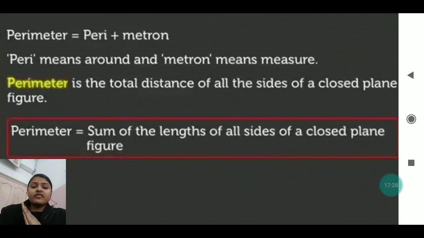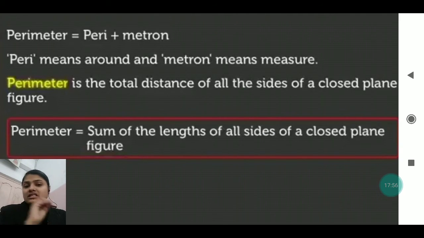Now we have discussed symmetry, we have discussed geometry. Now we are going to discuss perimeter. What is the meaning of perimeter? Perimeter is basically the sum of all the sides of a given figure, whether it is a rectangle, square, triangle, or anything.